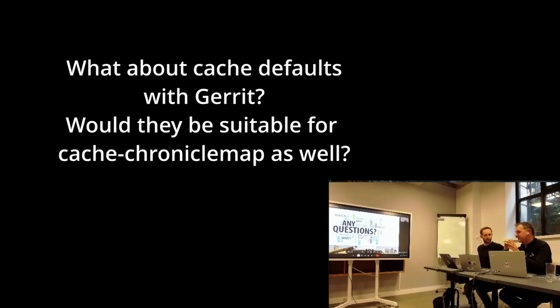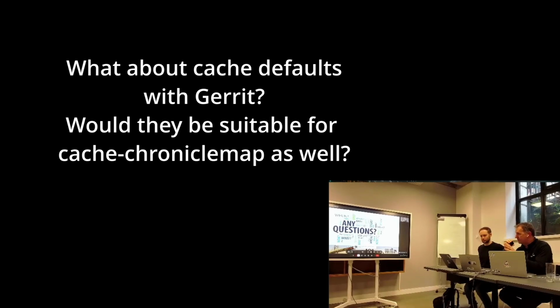And I would say it's not going to be worse with cache chronicle map compared to H2. And even if the caches are completely misconfigured, cache chronicle map will still work. Of course, performance will not be ideal, right? So you can move on to cache chronicle map, and you can tune it, let's say, before going to prod.